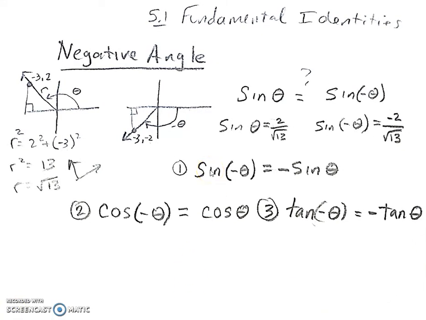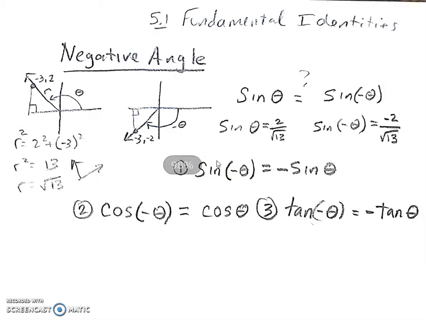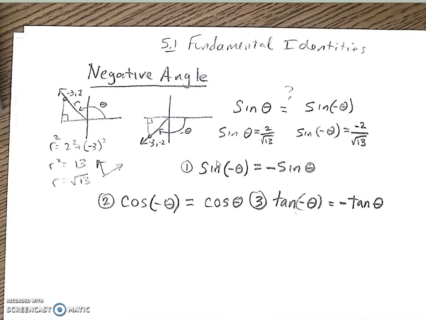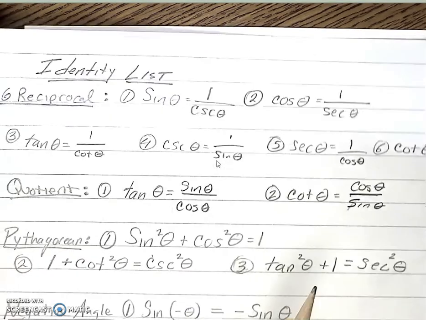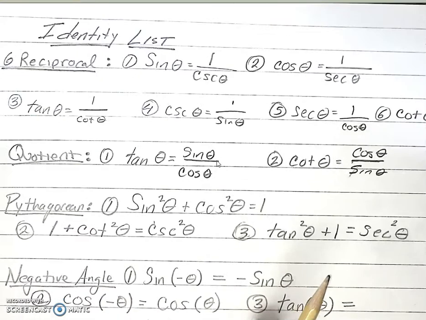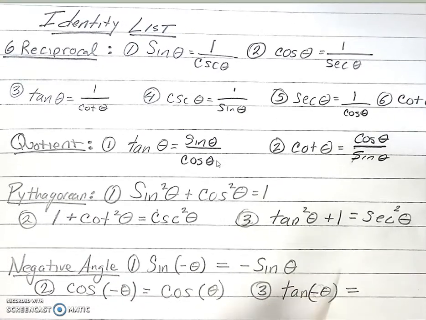So that actually describes the last of the identities that we need to know for this section, 5.1. We have the negative angle. I'm actually going to zoom out a little bit, and I'm going to give you a list of all the identities that you will need to know, and most of these came from Chapter 1.